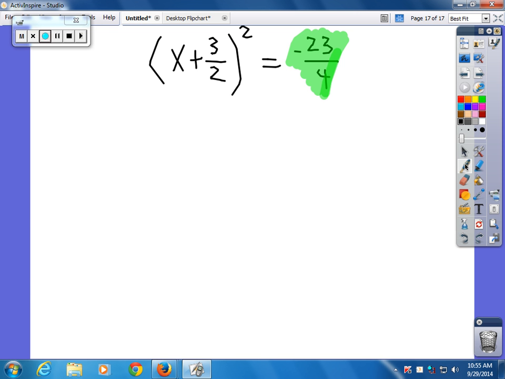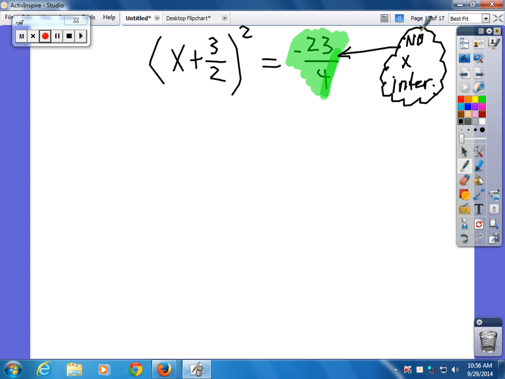Alright? If you have a negative C on the right side, this right here, and it stays negative, no x what? Why? Because you're going to get an i. Because you can't take the square root of what?